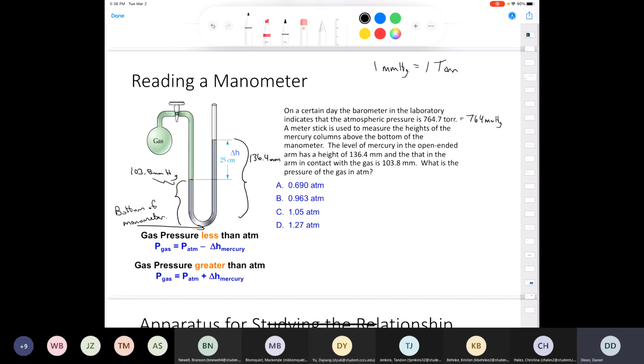What is the pressure of the gas in atmospheres? Well, since the height of the column of mercury is greater on the side that's open-ended compared to the side with the gas, that tells us that in this scenario, the pressure of our gas is greater than atmospheric pressure, right? It's pushing harder than the atmospheric pressure can. And so the scenario that we have is this one here.